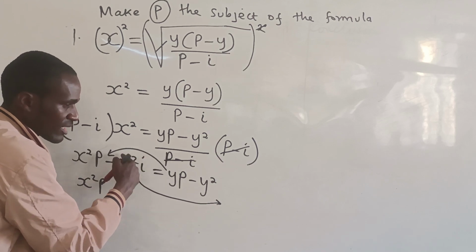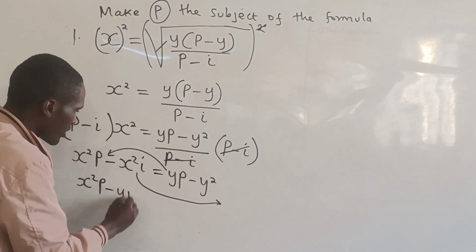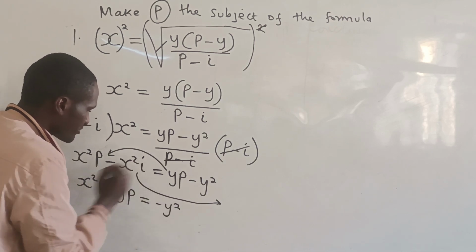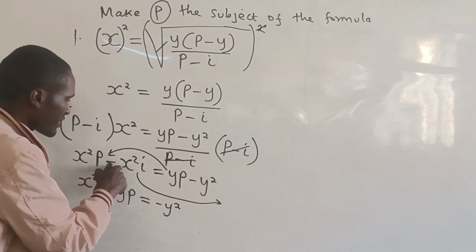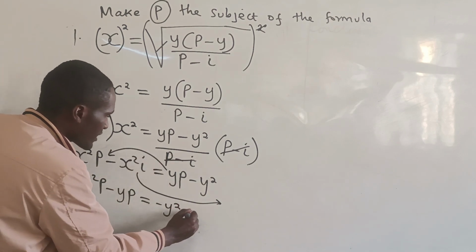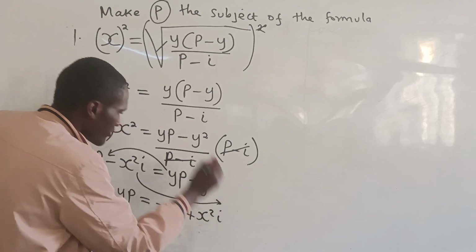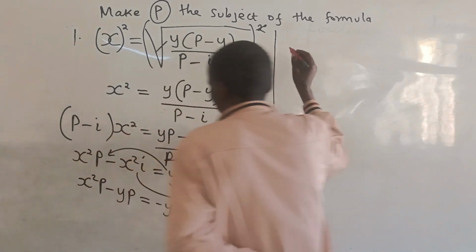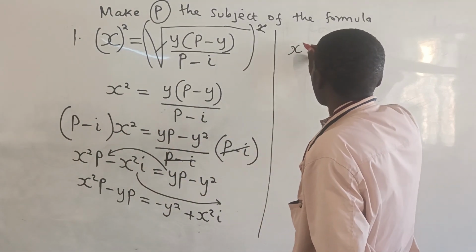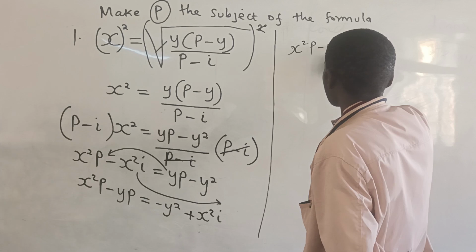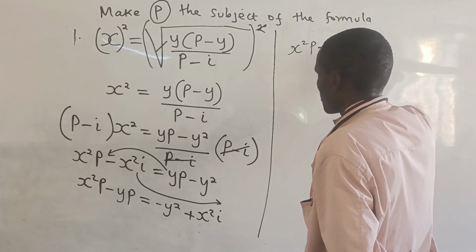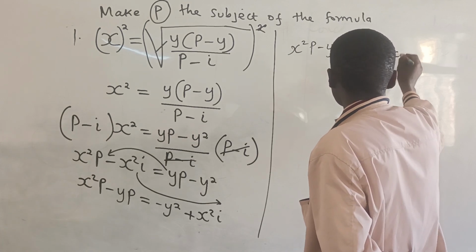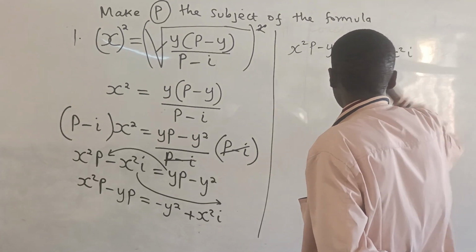Crossing the equal sign, it becomes minus yp. That will be equal to what is left here, negative y squared. Then this is minus x squared I, it will be plus x squared I. So I have x squared p minus yp equal to minus y squared plus x squared I.